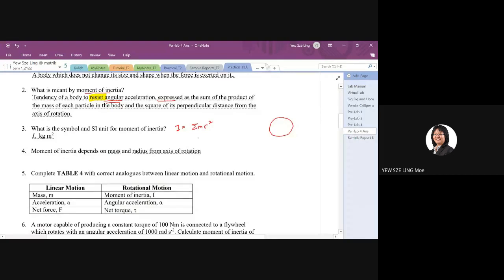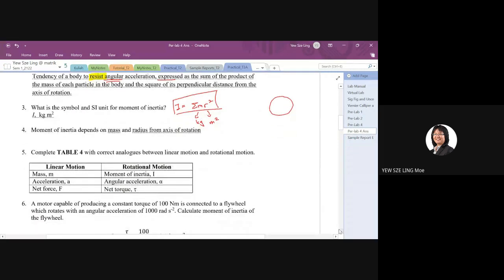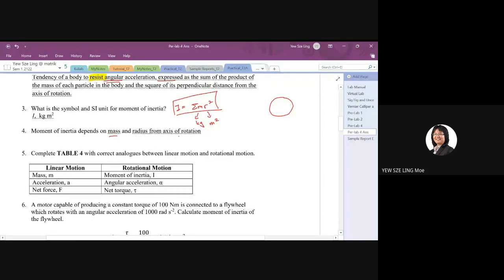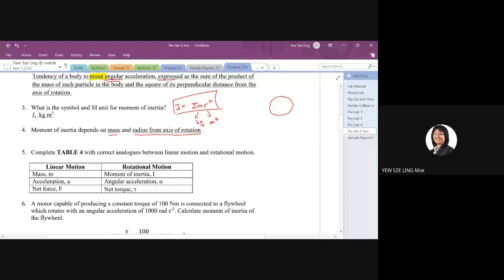That's why the unit is kg m². So this is the equation for moments of inertia, where I is the moment of inertia. According to its definition, it depends on mass and the radius from the axis of rotation, or you can say the distance from the axis of rotation.